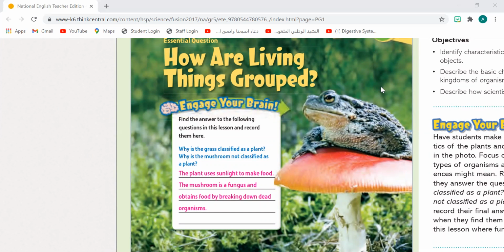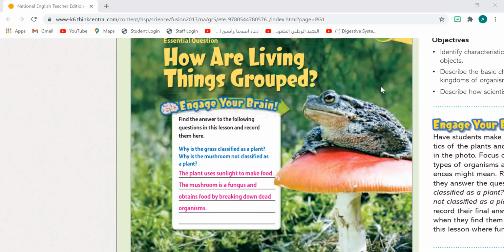We will sort them into different groups based on their characteristics, the way of living, or the way of giving birth. We will see today. Now look at this page.